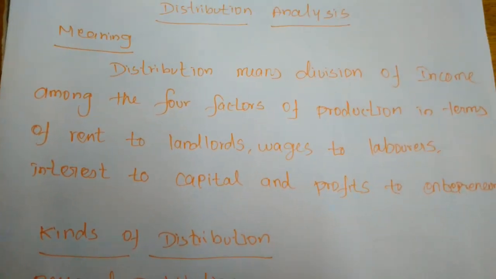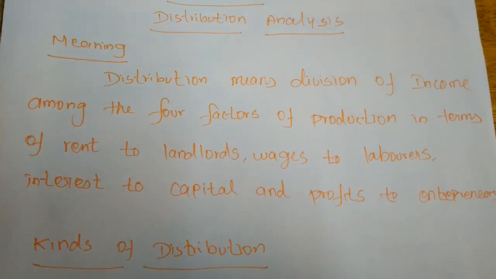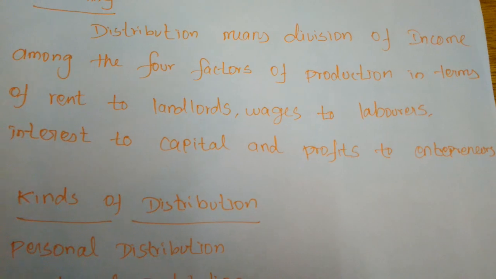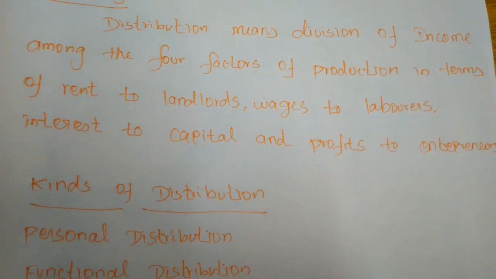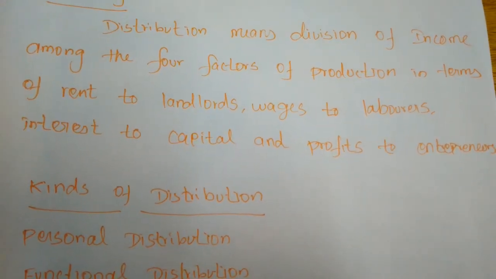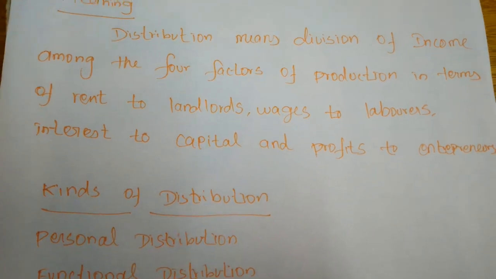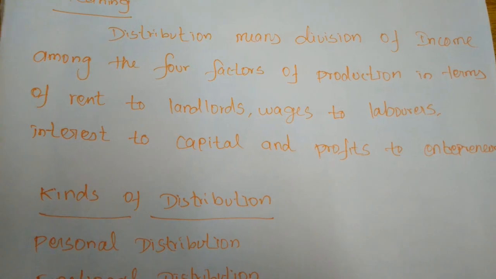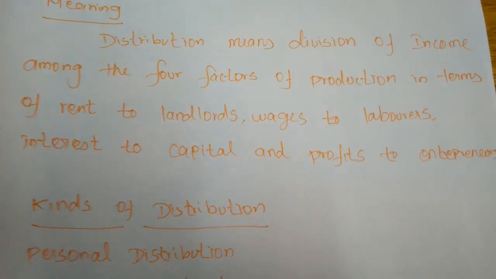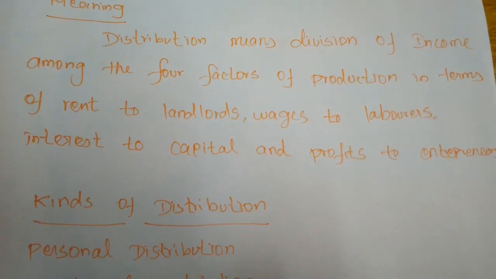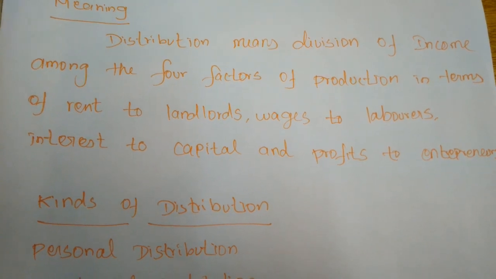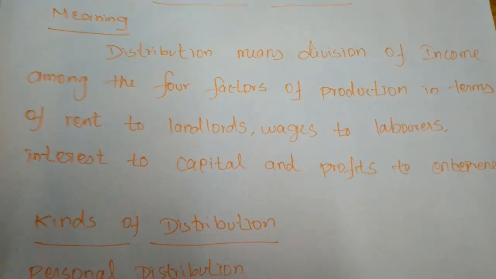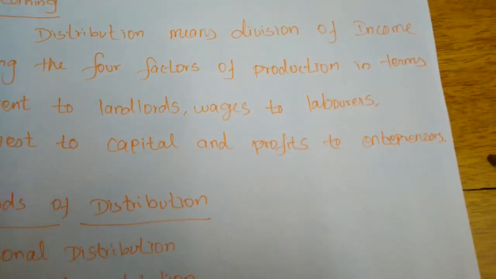Capital also gets interest, because many producers are unable to gather the money on their own, so they have to borrow from financial organizations. When they borrow the money, they have to repay it to the financial organizations along with the interest. So capital always gets remuneration in the form of interest.